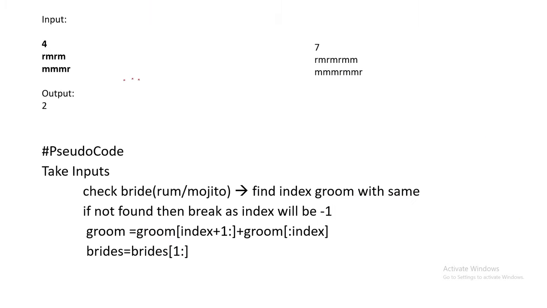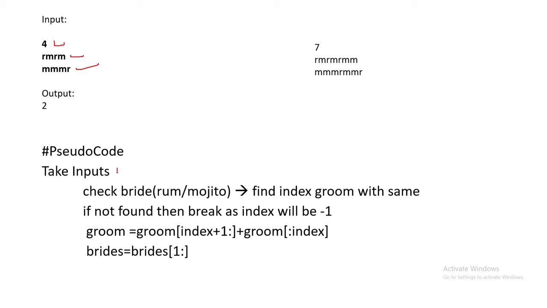So we have taken example set 2. This would be the input of how many brides and grooms there are. The first line is brides and the second line is grooms, and the output is 2. So we'll see the pseudocode first on how we are going to do this.